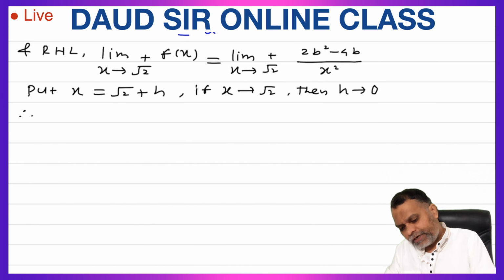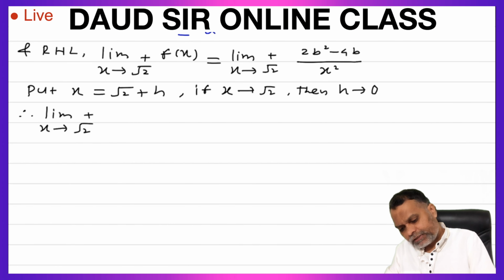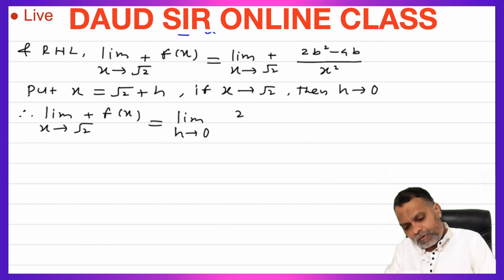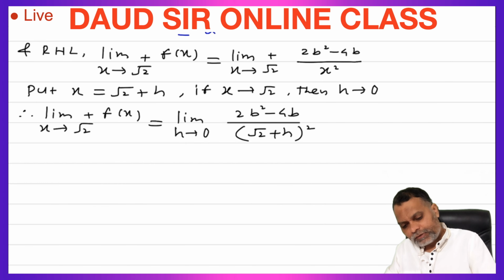Therefore, right hand limit will become limit x tends to root 2 plus f of x is equal to limit h tends to 0, 2b square minus 4b upon root 2 plus h whole square.